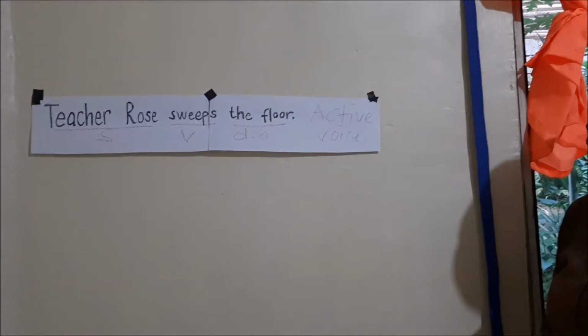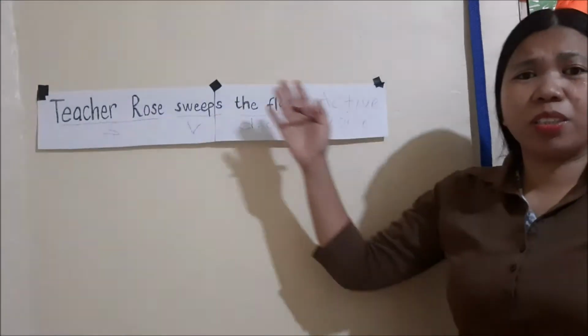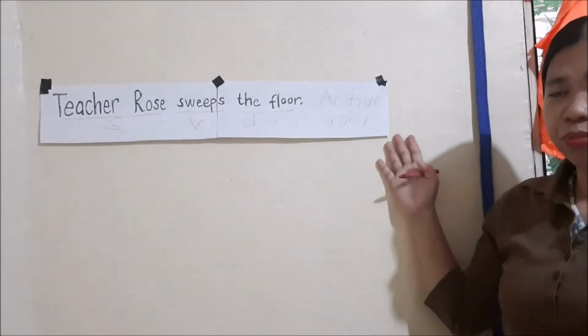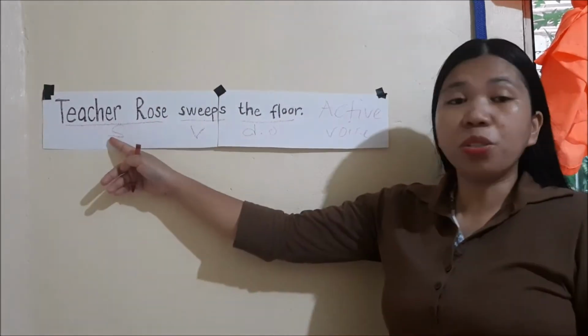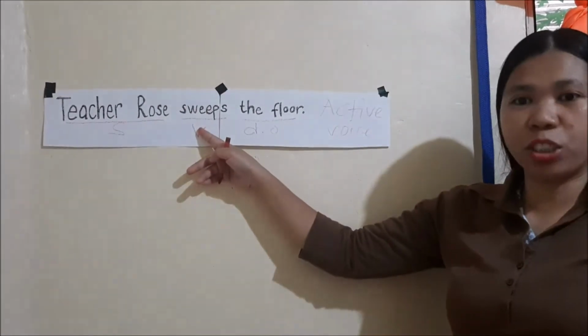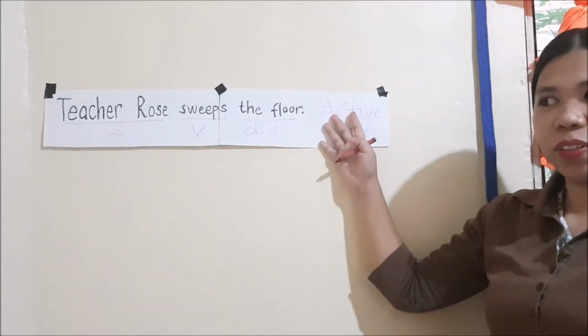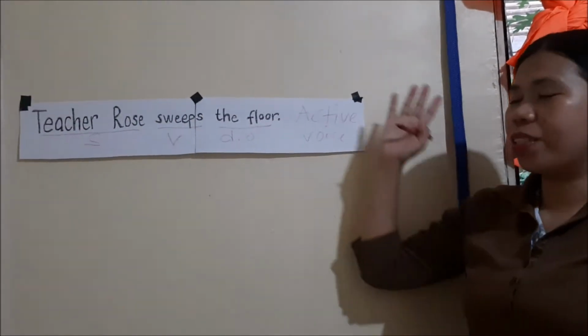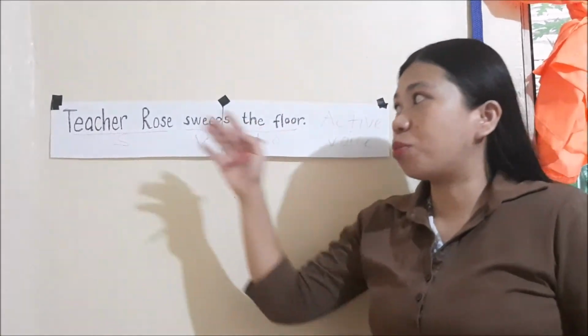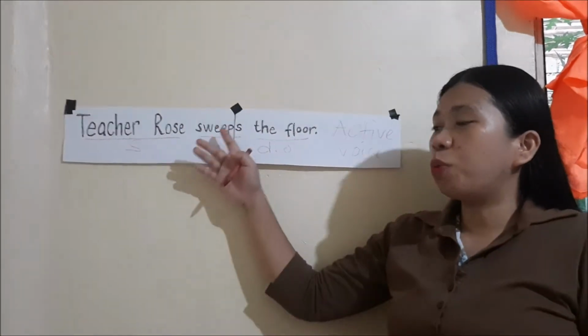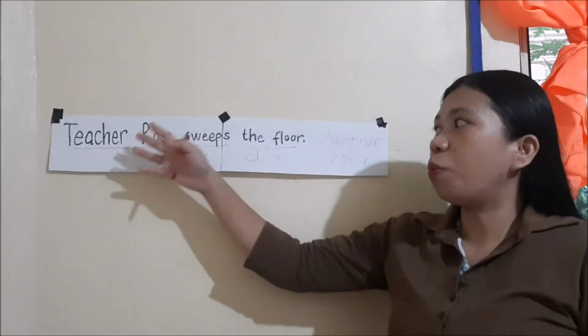Yes, you are right. The sentence is in the active voice if the subject, Teacher Rose, is the one who did the action. Teacher Rose is the one who sweeps the floor. So our sentence is in the active voice if the subject is the doer of the verb, the doer of the action.